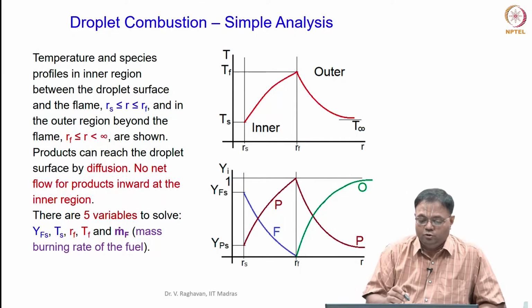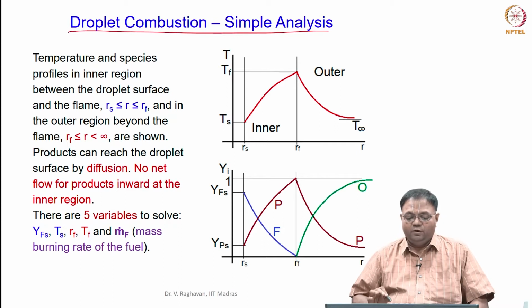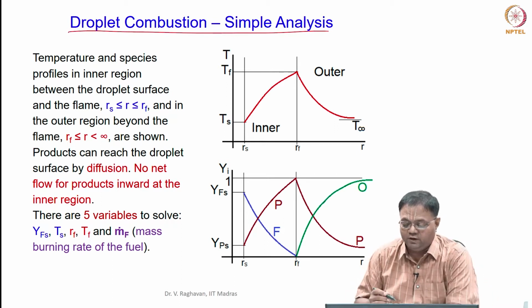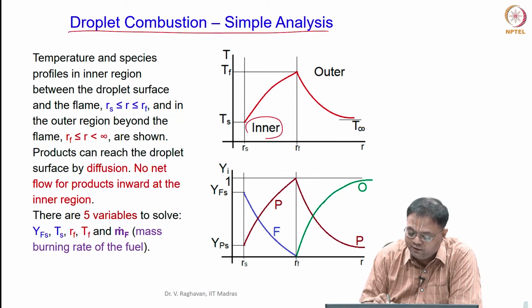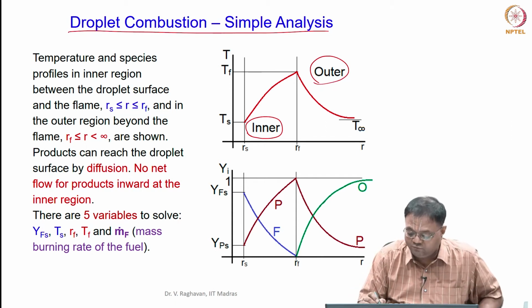Now, these are the typical profiles I want to generate by solving the equations. You can see I have clearly divided the region into two, with a thin flame at RF.